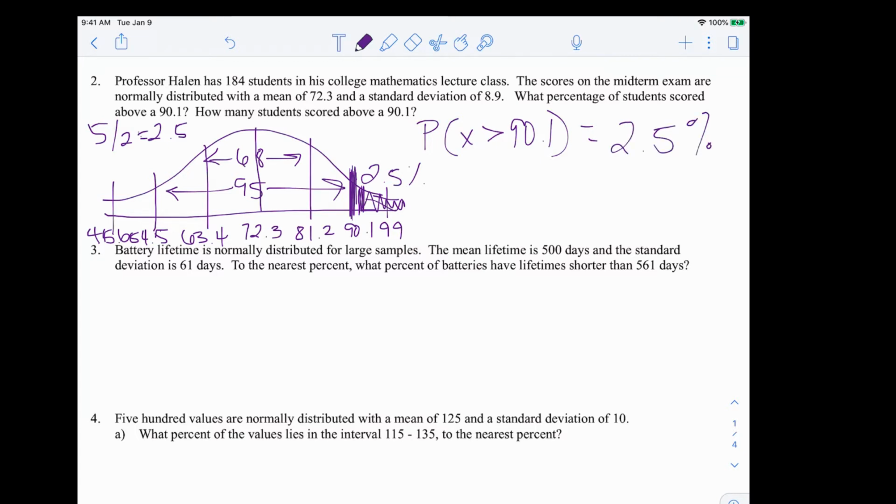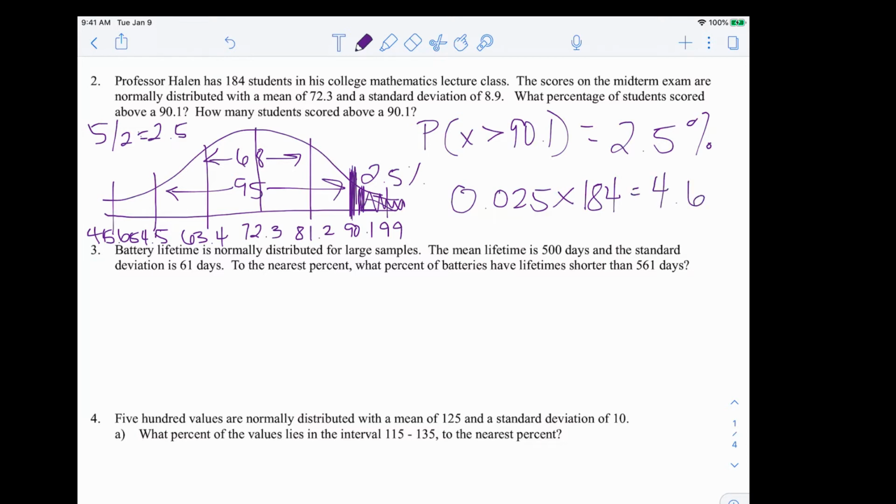The second part of this question is asking how many students scored above a 90.1. Well, I know that 2.5% of Professor Helen's students scored above a 90.1. So if I take that percentage, 0.025, and I multiply it by the total number of students that he has, which was 184, I end up with 4.6.